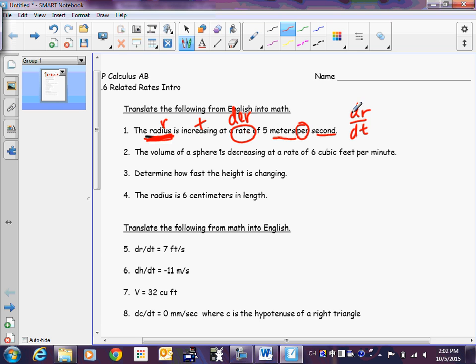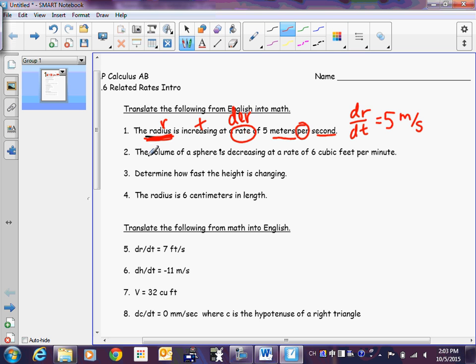So it's like how radius is changing per how time is changing, which is a lot like slope, derivative, it's all related here. Since this is increasing, we're going to write a positive, in this case 5 meters per second. If we were decreasing, we would write negative 5 meters per second. So when you see rate, you need to be thinking that whole d, in this case r over dt.